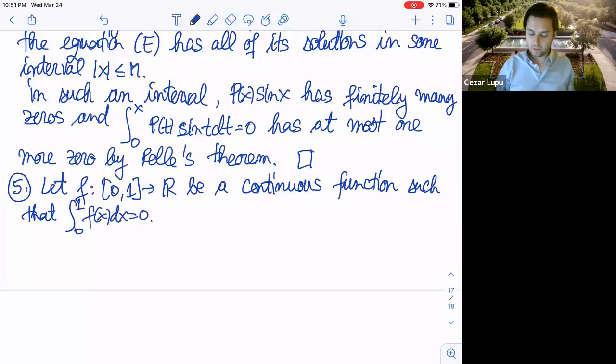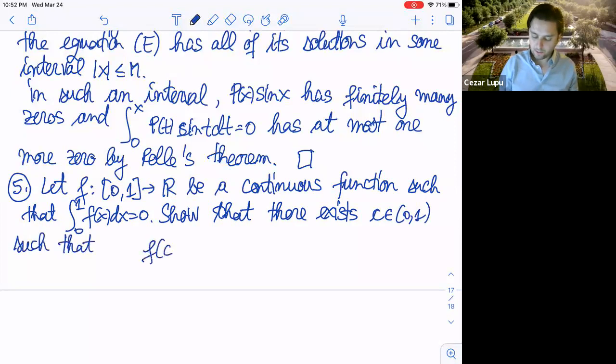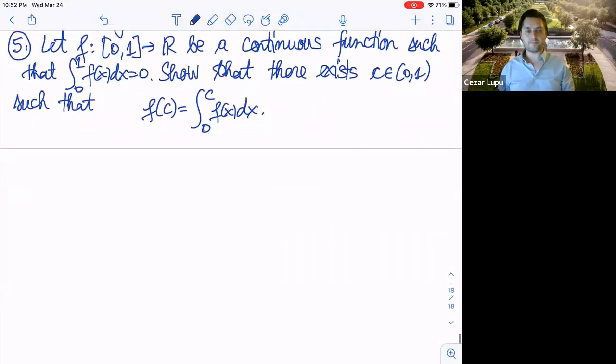And now we would like to show that there exists a number c in (0, 1) such that f of c is the integral from 0 to c of f of x dx. So that's the problem. Anyway, it's pretty classical at this point.